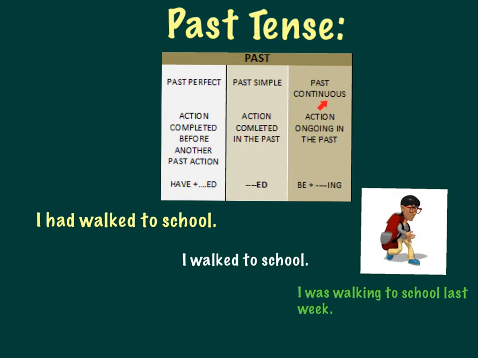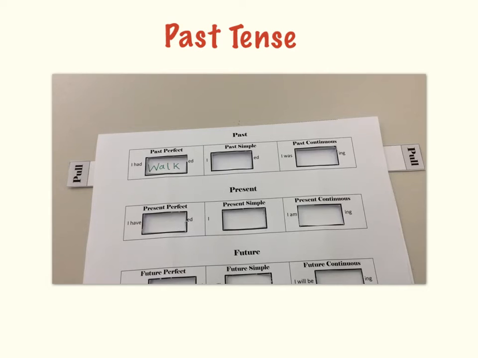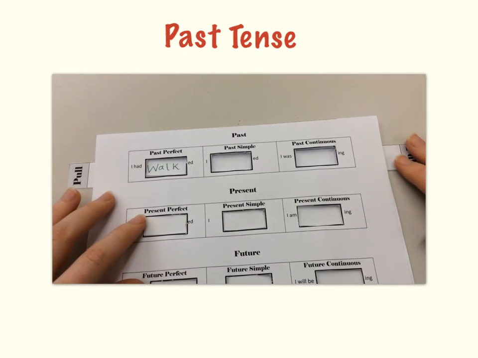Because it's past continuous, we've also used the ing ending to our verb. So we're able to see we have I was walking to school last week. Let's put that all together. We have past perfect, I had walked. We have past simple, I walked. And past continuous, I was walking.